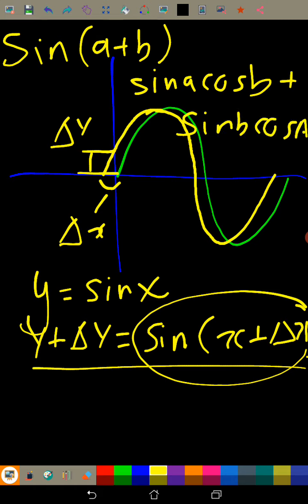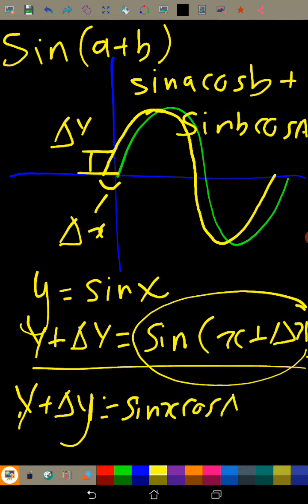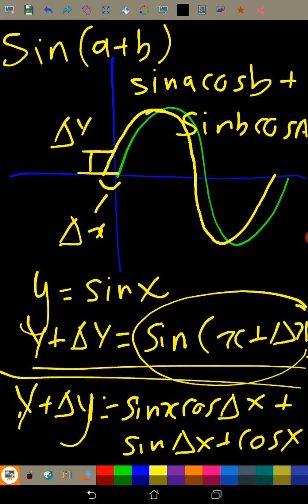So we should do the same thing here, and you're going to get y plus delta y is equal to sine x cos delta x plus sine delta x cos x. So that's what we get when we do this.